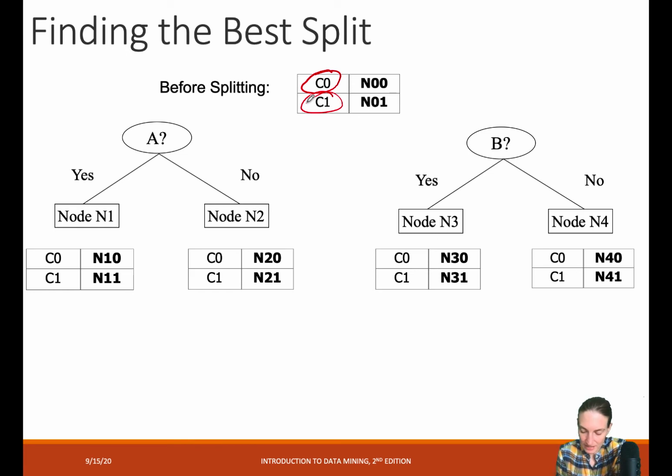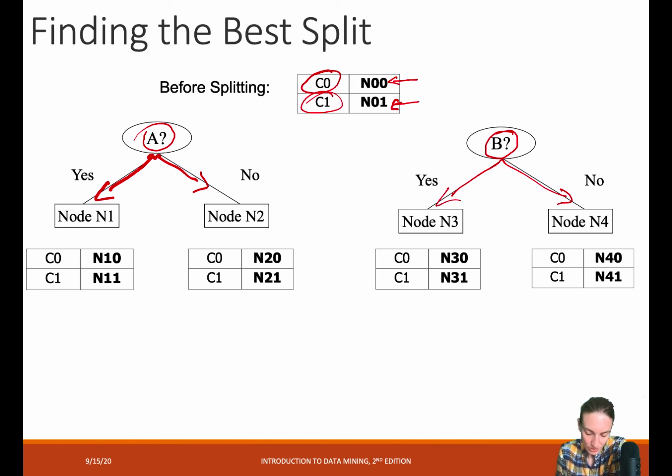Okay, let's look at an example. We have class 0 and class 1. And the number of instances in these classes is just indicated by a count, C0 and C1. And if we try a test split on attribute A, and we try a test split on attribute B, then it would split into two nodes because it seems that they're binary features.